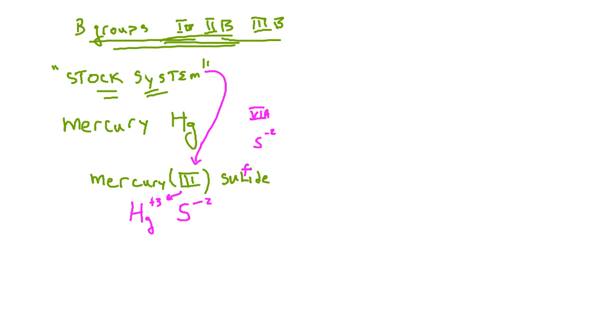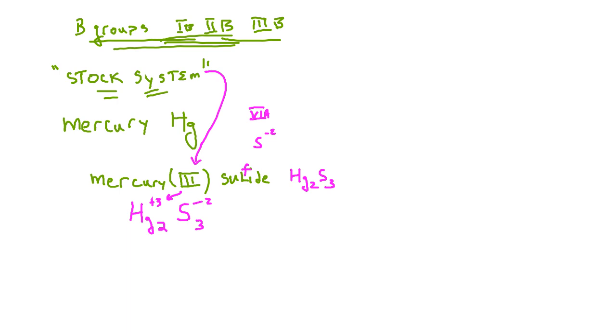So if I take 2 mercury atoms, that gives 6 electrons. And 1 sulfur only needs 2, so I need 3 of these. So the correct formula for mercury(III) sulfide would be Hg2S3. You see? So the Stock system is telling you exactly what you need.